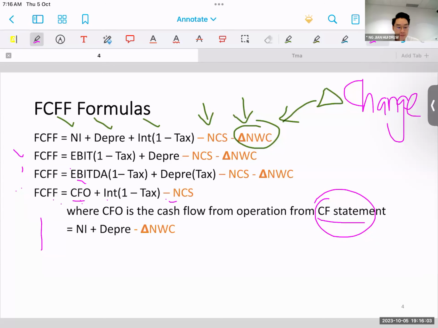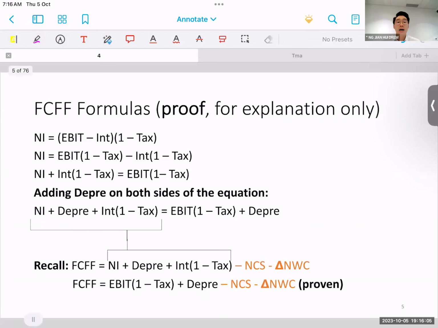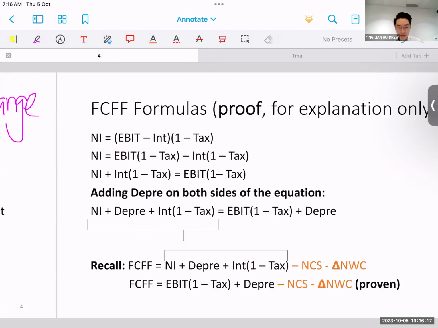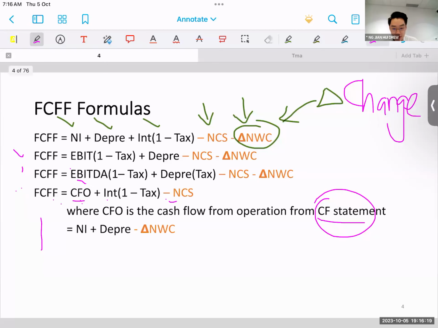The next slide is basically a proof showing you how we get the formula from here.